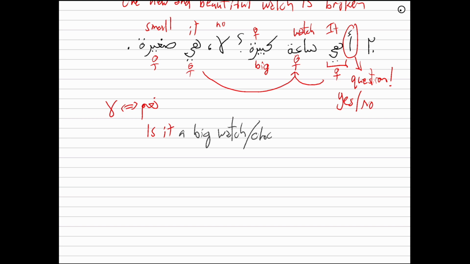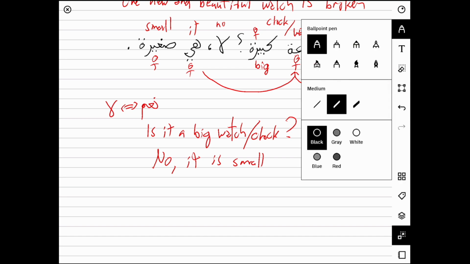Sa'a can also mean clock as well. I probably should write that down. Clock, and you say no. And then this next one: it is small. Hiya saghira, right? No, it is small. So yeah, two sentences in one. You're welcome.